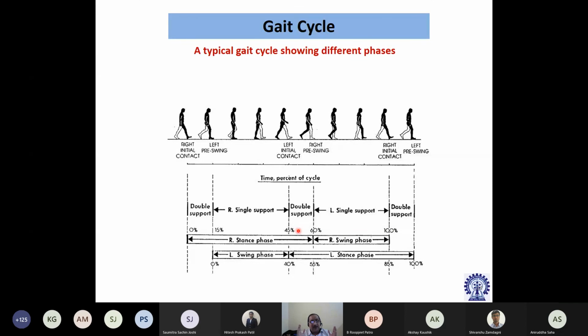Gait analysis is a highly technical subject, and it is a set of complex events with the two legs actually taking part in tandem. So I would appreciate more discussion on this. Maybe we can have it in the next class.